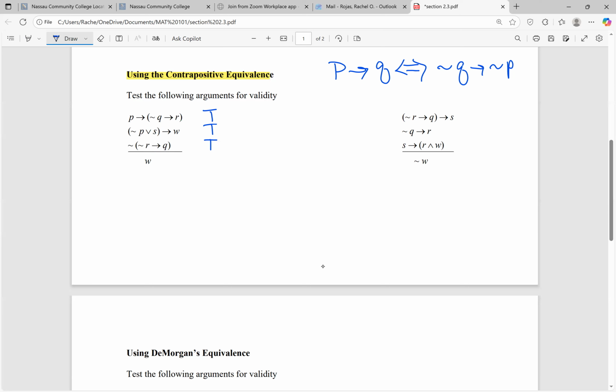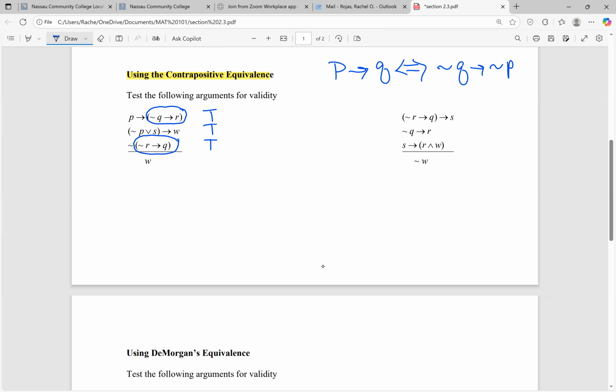So the contrapositive of not Q implies R would be not R implies the negation of not Q, which is this guy right here. So not Q implies R is equivalent to not R implies Q by the contrapositive equivalence.